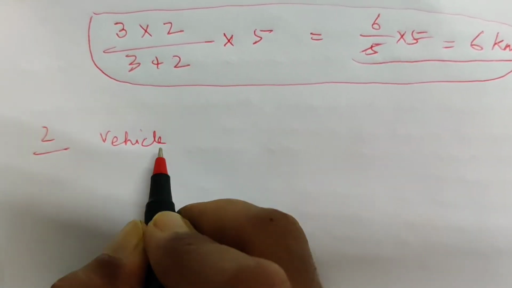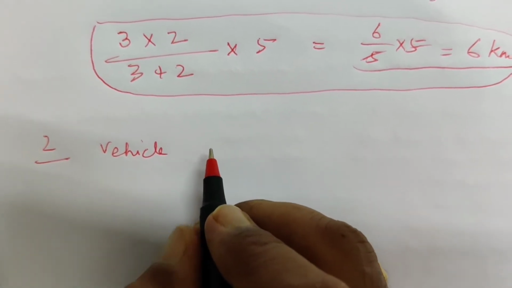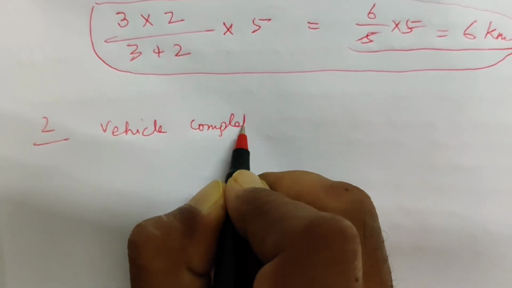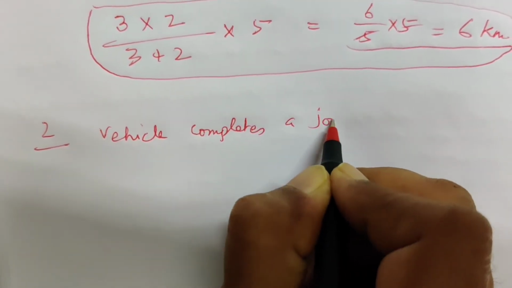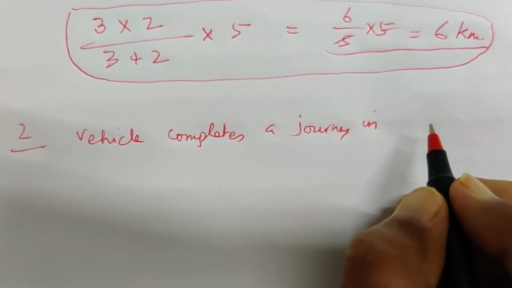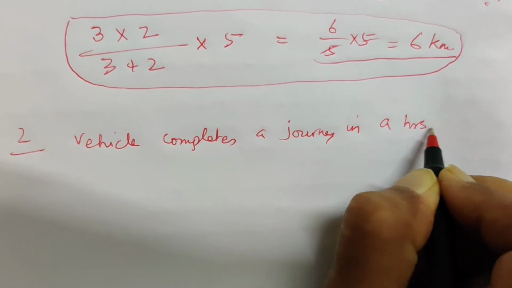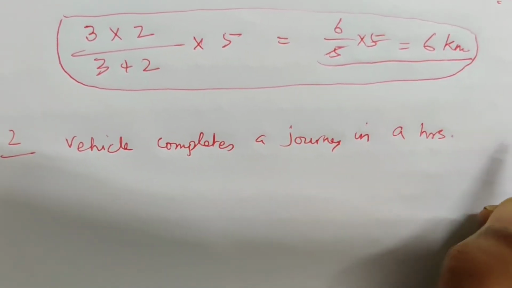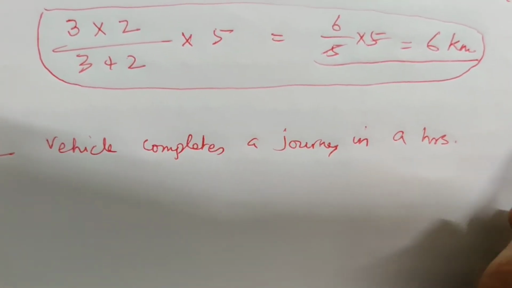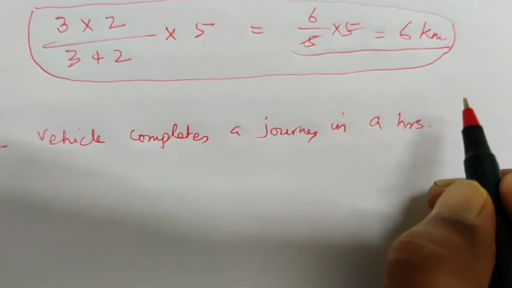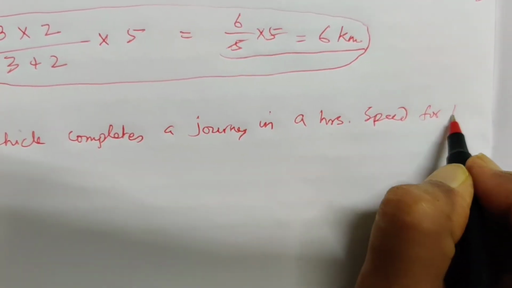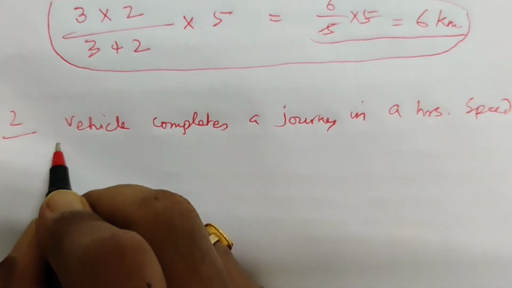Anything, it can be a train, a car, completes a certain journey in 8 hours. The speed for the first half of the journey, this kind of sum usually comes in competitive exams.